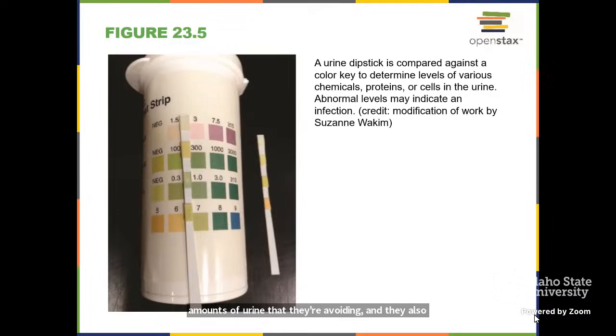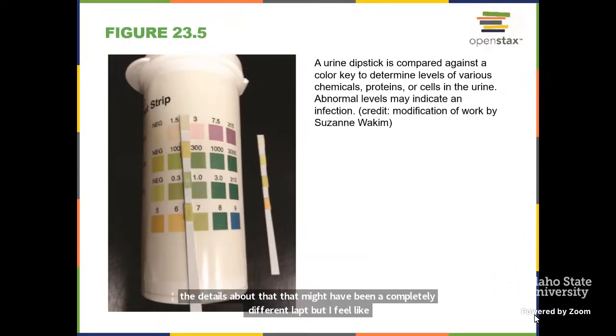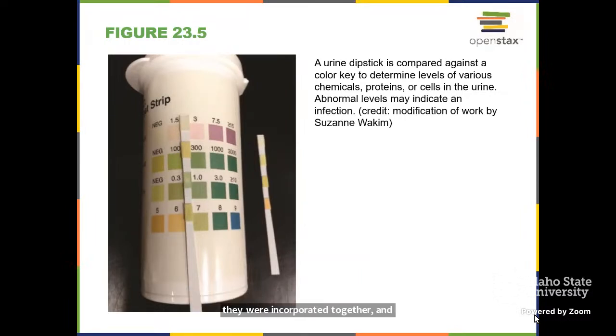That might have been a completely different lab, but I feel like they were incorporated together. And I recall I was teaching one of the microbiology labs, but there were lots of students coming down the stairs to go to the restrooms because the A&P lab was right up above there.